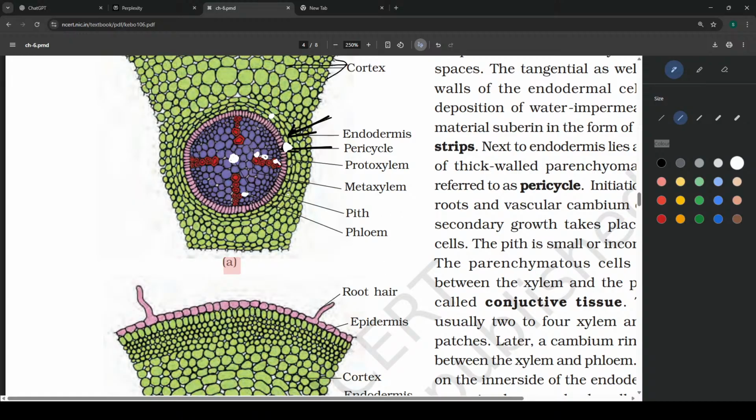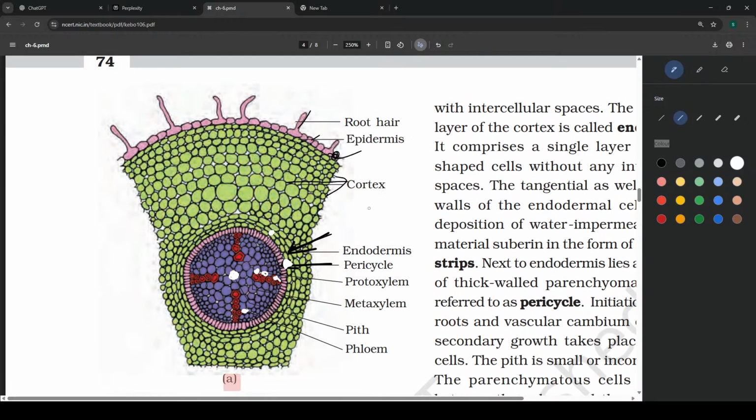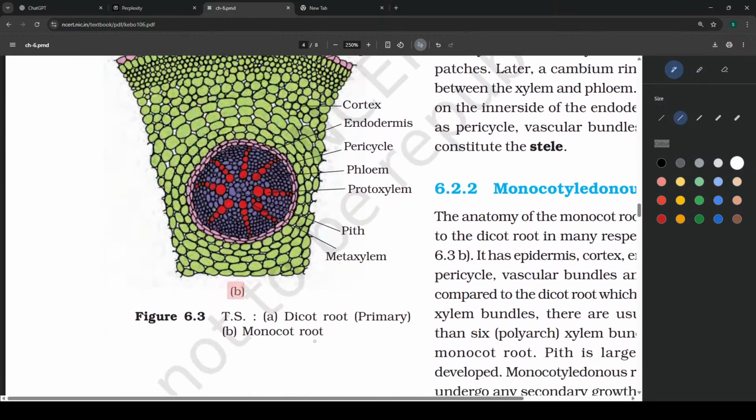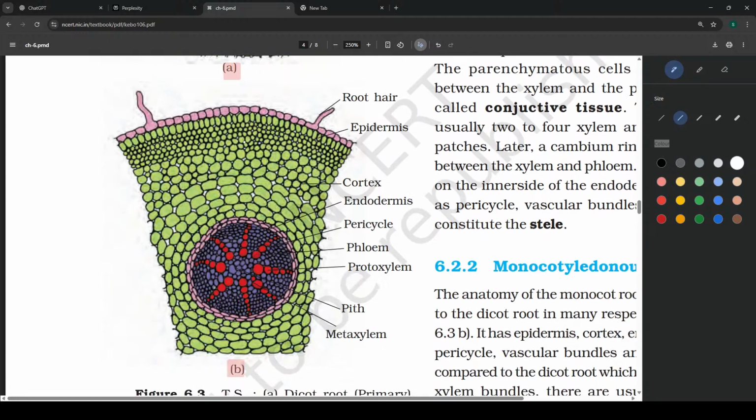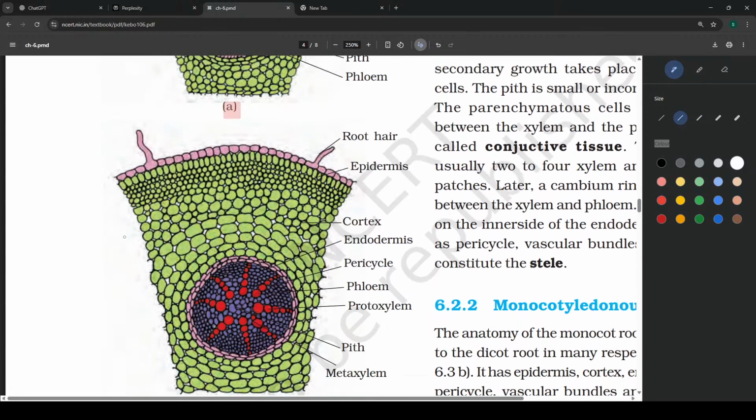Metaxylem is here. Basically that's the structure of the dicot root. This is the radial arrangement we saw. They are arranged radially here in case of roots.